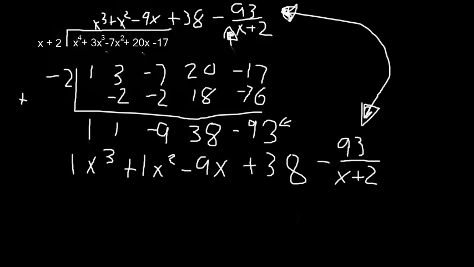I guess maybe you'd like synthetic because you're adding, not subtracting. I like subtracting and canceling out the negatives, and so yeah, that's how you find the result and the remainder from the quotient and divisor.